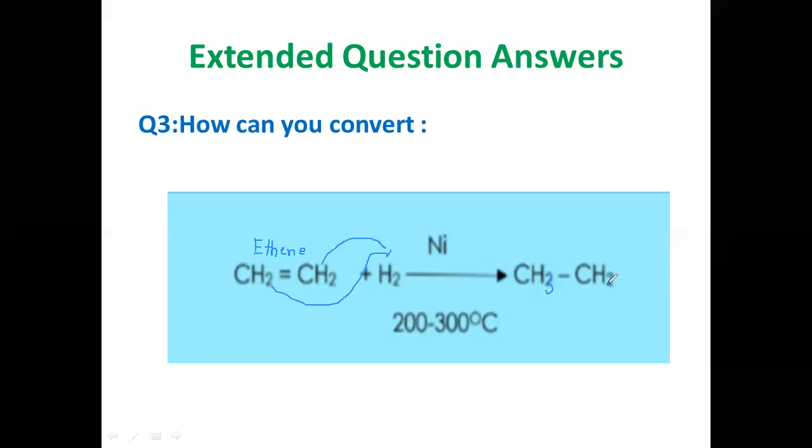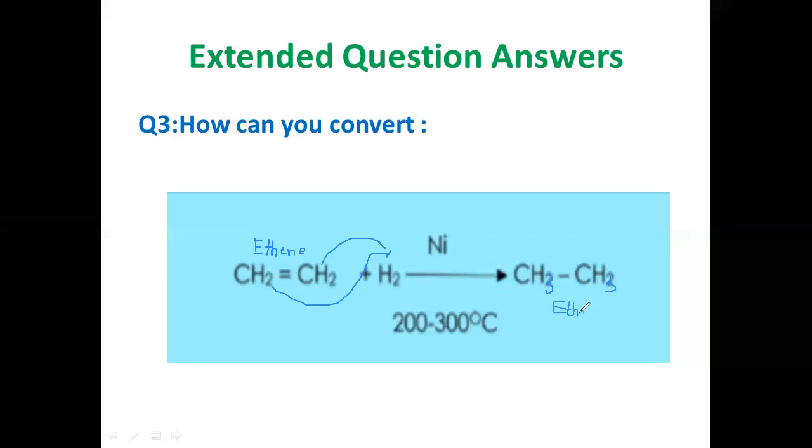So CH3, like one hydrogen, two hydrogens are already present. After the addition of one more hydrogen atom on each carbon atom, it will convert into a saturated hydrocarbon, because the bond between the two carbon atoms is now a single covalent bond.